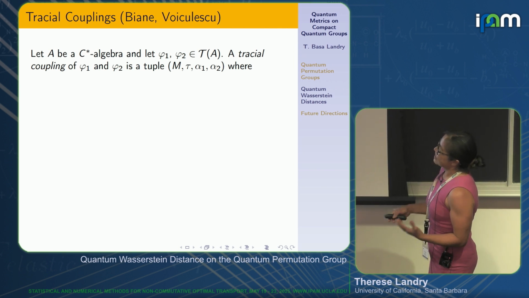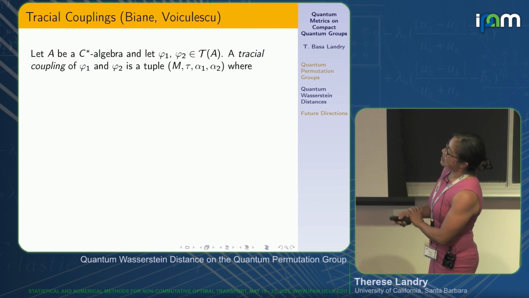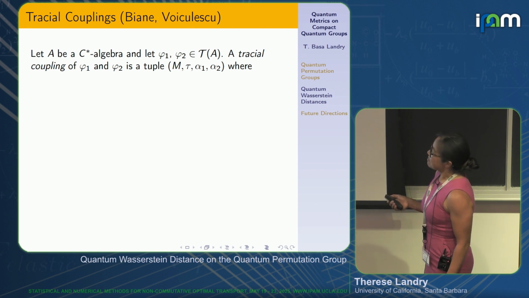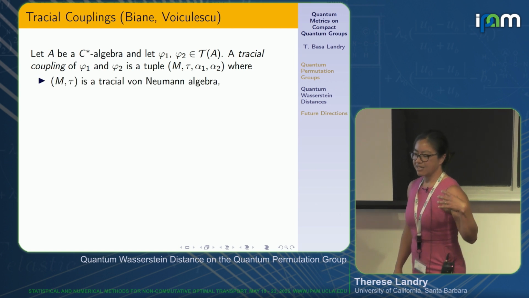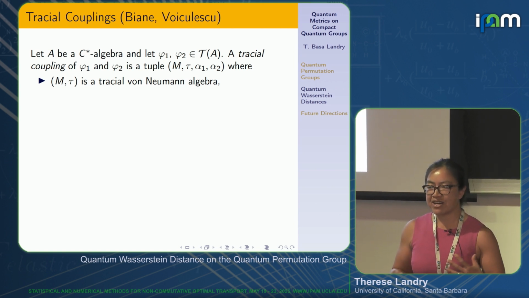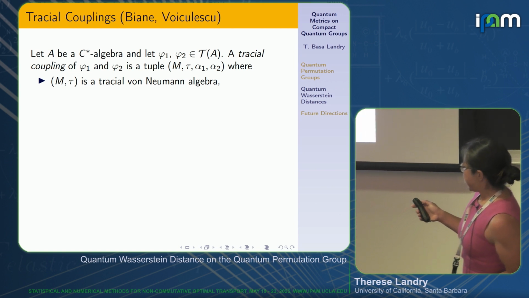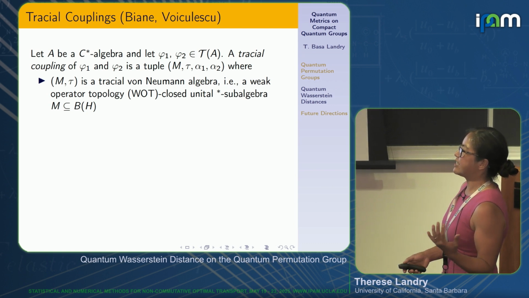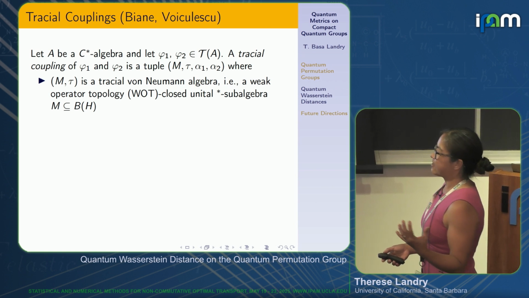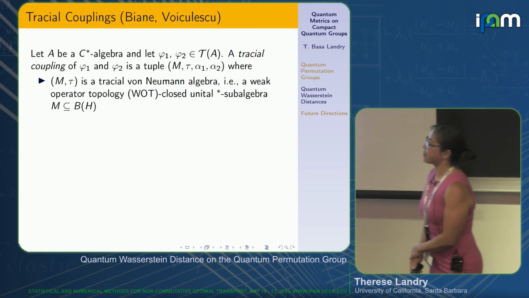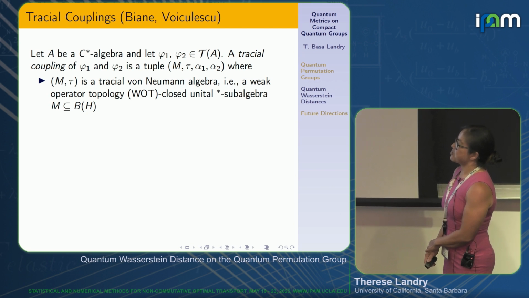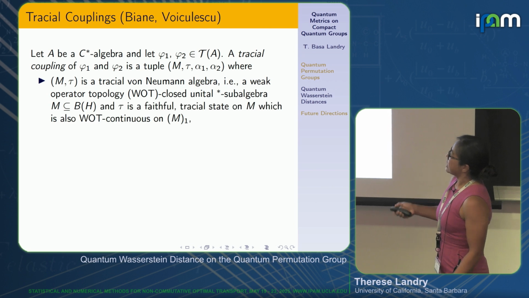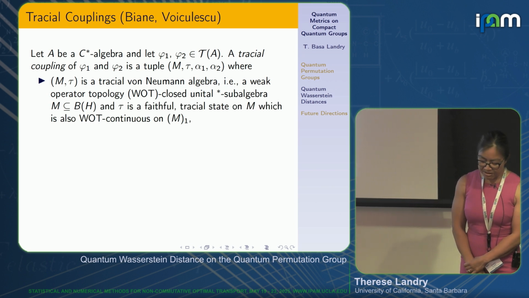So, tracial couplings. We have a C-star algebra and two traces on the C-star algebra. A tracial coupling is a sort of larger embedding into a tracial von Neumann algebra. Von Neumann algebras, for me as a C-star algebras person, are a more special variety of operator algebra, one that's weak operator topology closed, in addition to the usual properties.